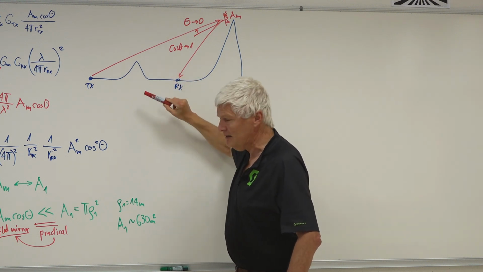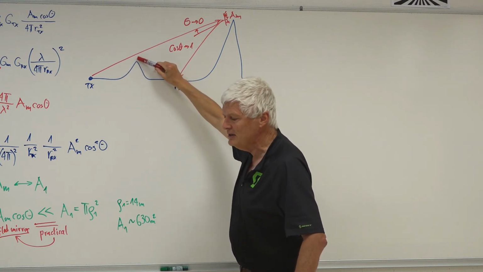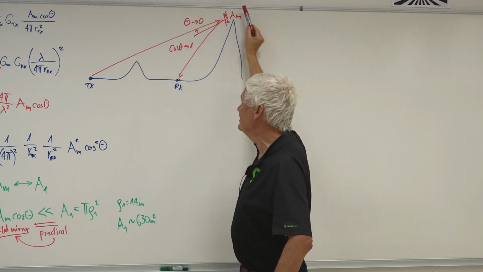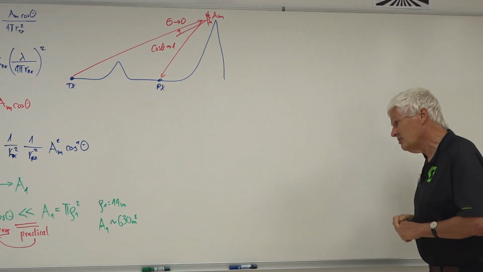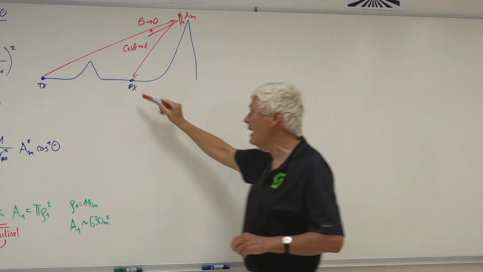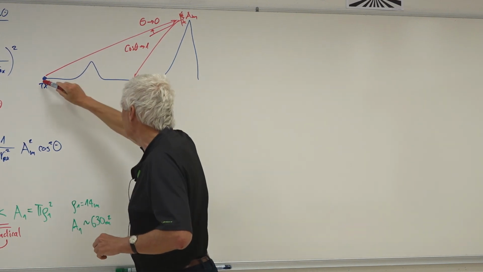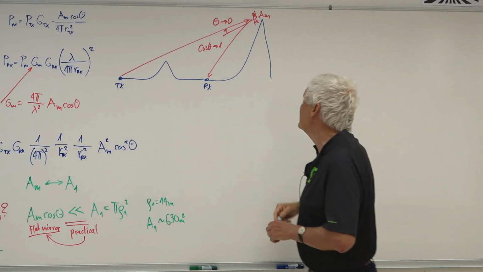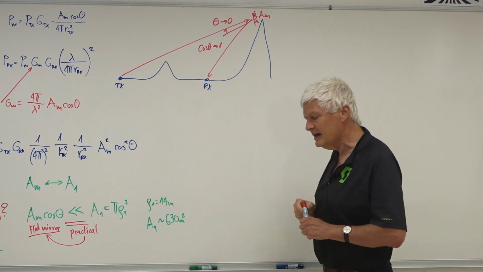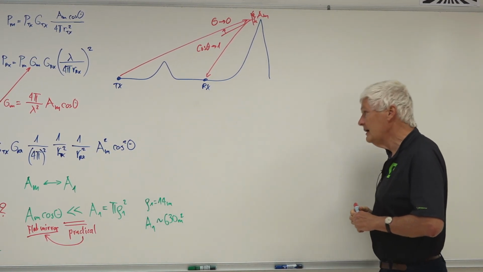It's not in the middle. We are not placing it on this small mountain here. We are placing the mirror on a much taller mountain where we have it available. It is convenient to have it outside the direct line of sight between the transmitter and the receiver, because we use more efficiently the area here of the mirror.